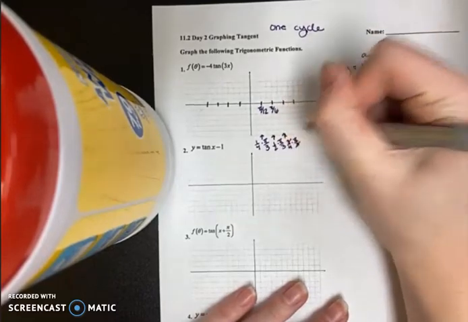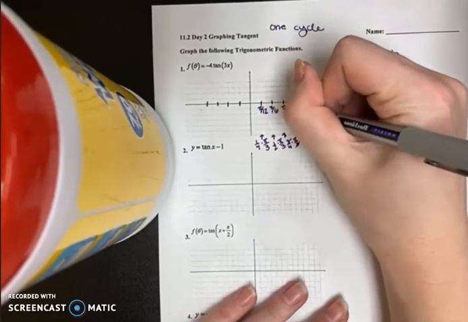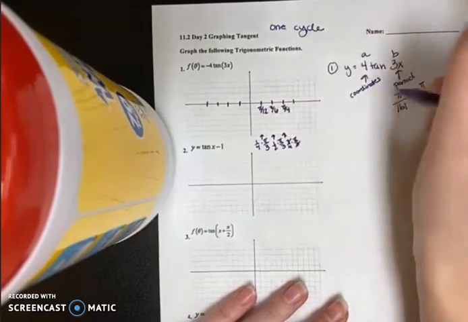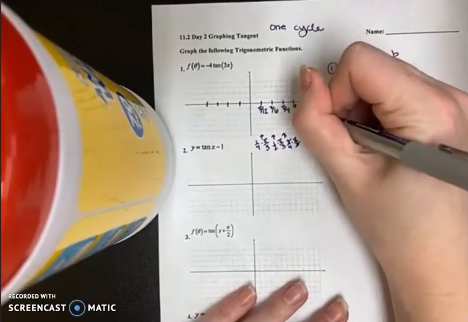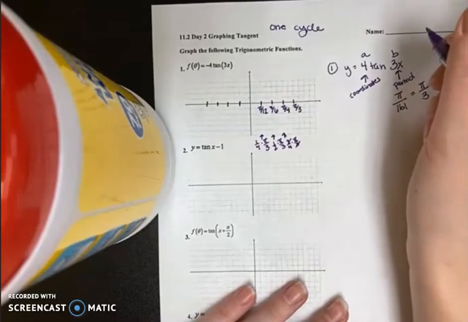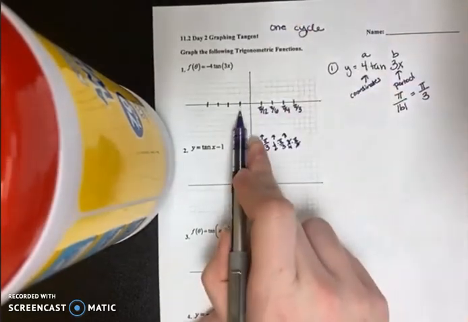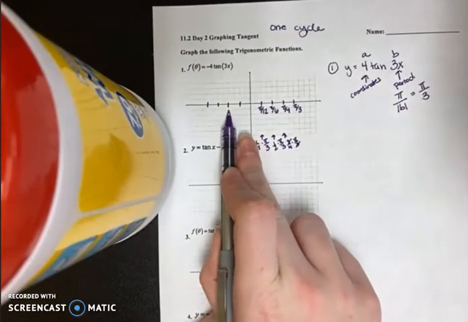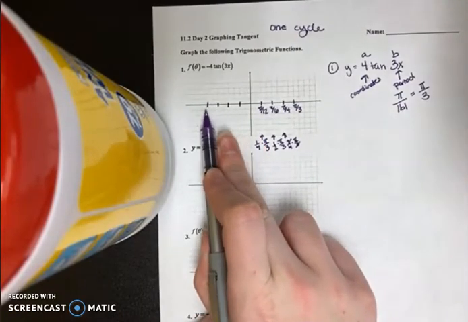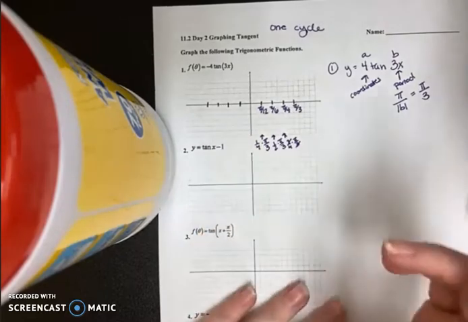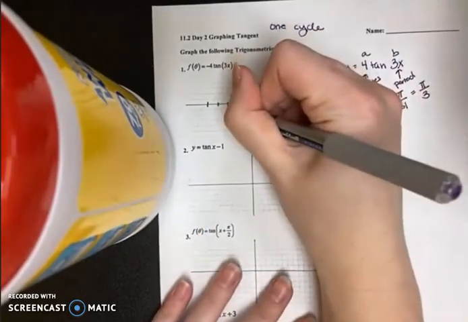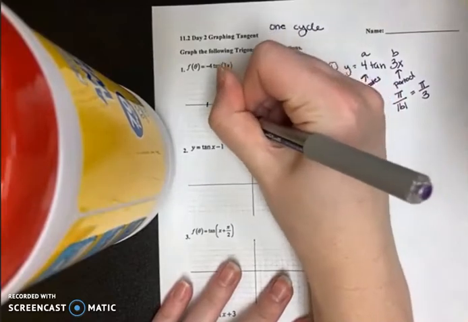The 3's cancel so that I can see that's pi over 4. And then the last tally mark is the full period length, which I know is pi over 3. The left side is just going to be the negative of those values. So this is negative pi over 12, negative pi over 6, negative pi over 4, negative pi over 3. You're welcome to go ahead and label all of that, just to help you out.